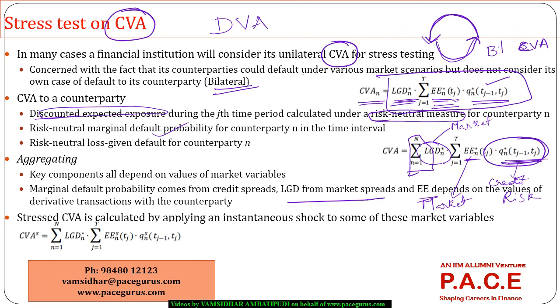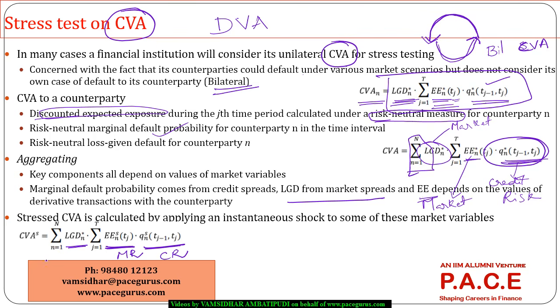So now when I am stressing it, I am not changing the LGD. Either the expected exposure could be stressed, which is where I am treating it as a market risk, or the marginal default probability can be stressed, looking at it as a credit risk.